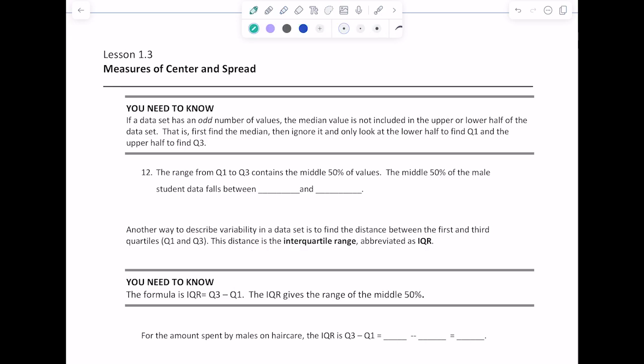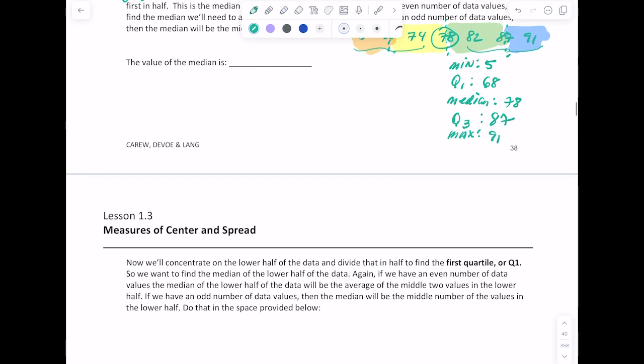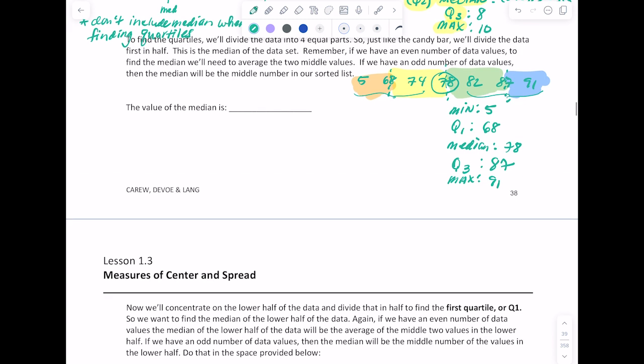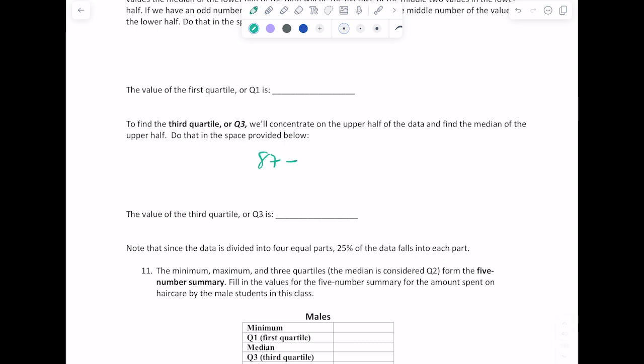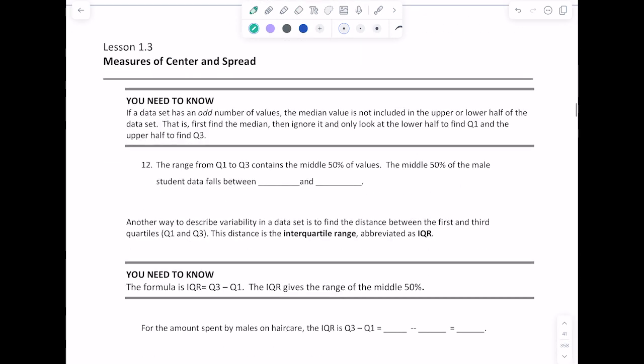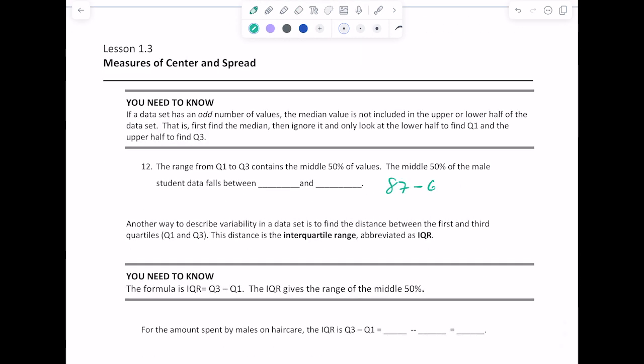So if we look at our test score values, to find the IQR I would just take Q3 and Q1 and subtract them. So 87 minus 68. Those two values, by the way, contain the middle 50% of the values.